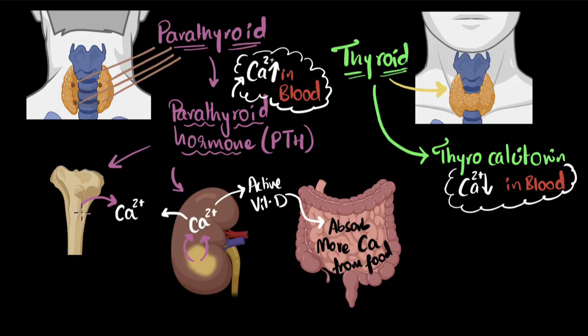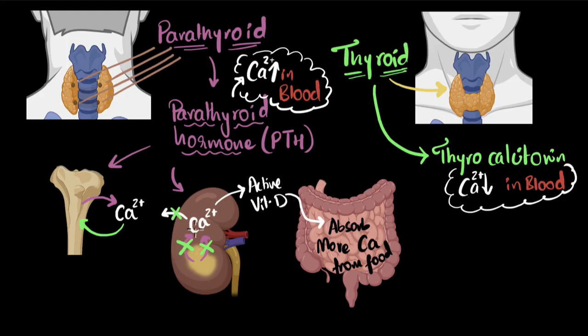So over here, it asks the cells to put calcium back into the bone. It puts the calcium from the bloodstream back into the bone, reducing the calcium in the blood. What happens over here? Well, it tells the kidneys to not absorb calcium from the urine. And so this doesn't happen, decreasing the calcium in the blood.